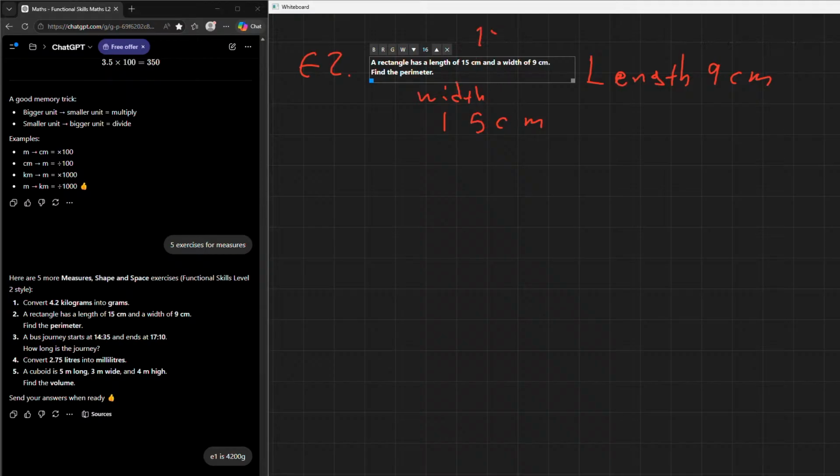So this one is going to be 15 and the other side here is going to be 9 centimeters. So now we need to do 9 plus 9 plus 15 plus 15.